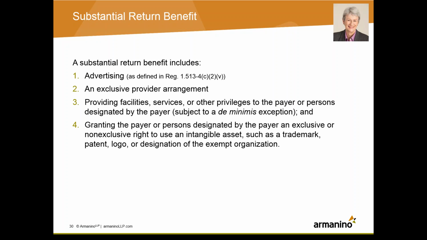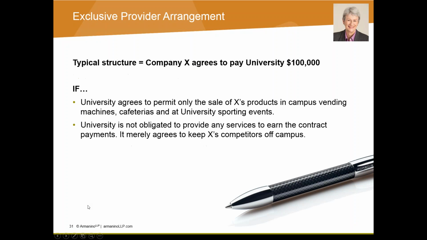So on the next slide, we're going to look at the details of an exclusive provider arrangement, because a lot of times a sponsor will want you to offer them the exclusive provider arrangement. These are big dollars that we're talking about. These arrangements are typically structured as follows.